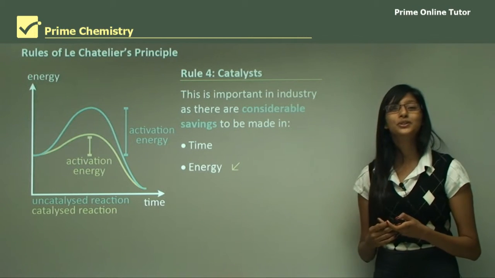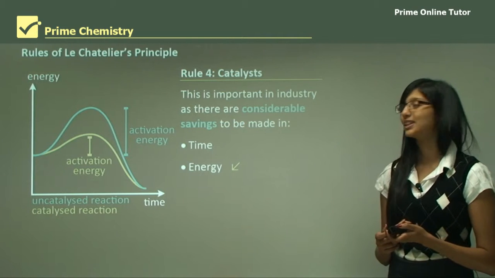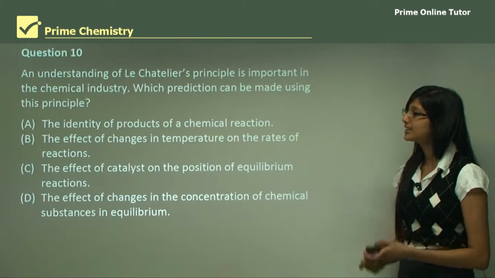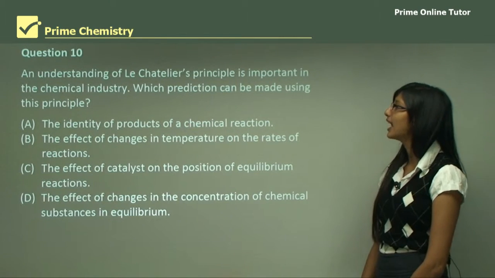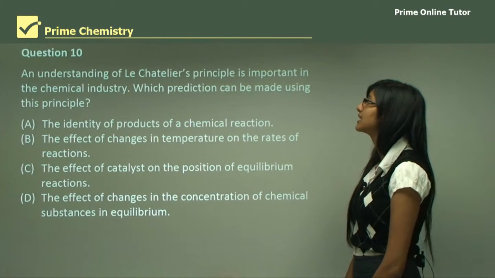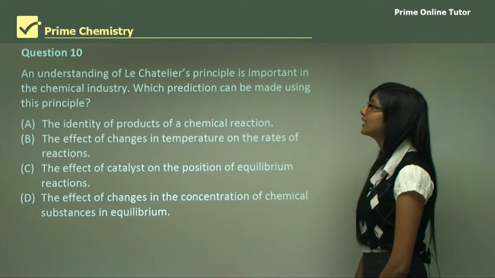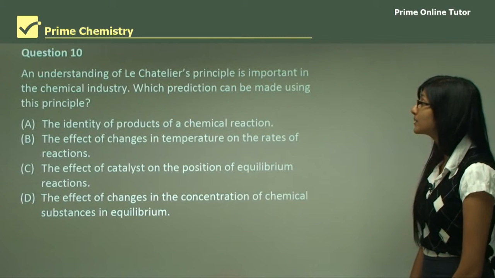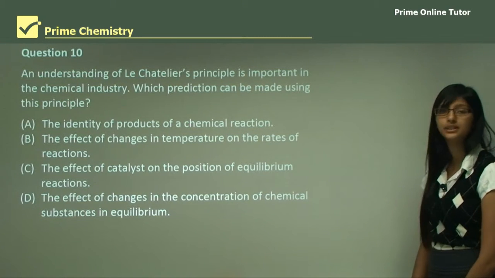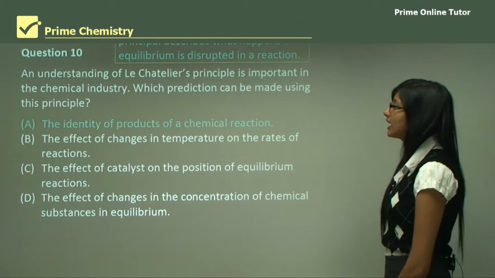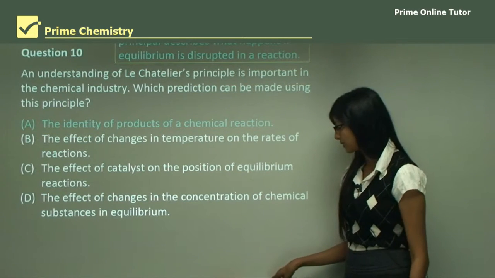Now let's move on to questions to test your knowledge. Question 10 asks us, an understanding of Le Chatelier's principle is important in the chemical industry. Which prediction can be made using this principle? A: the identity of the product of a chemical reaction.